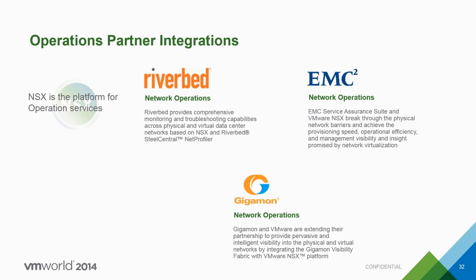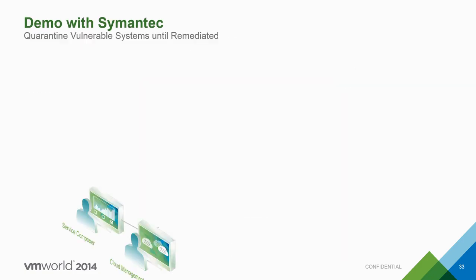On the operation side, we haven't talked about operation, but that's pretty important to know what's going on your network. And we have a partnership to enhance the operation capabilities of NSX we offer natively. So Riverbed, EMC, Gigamon are partners.